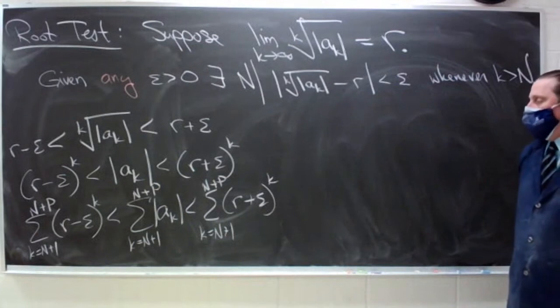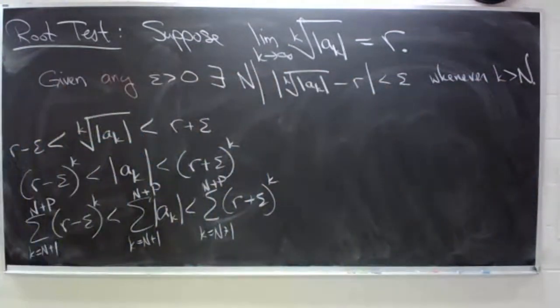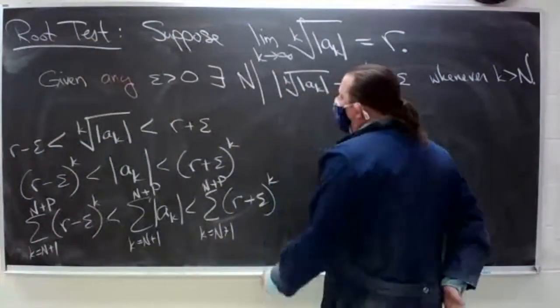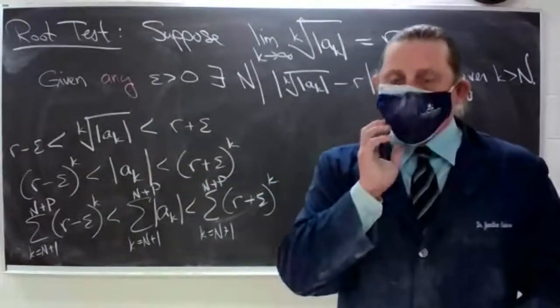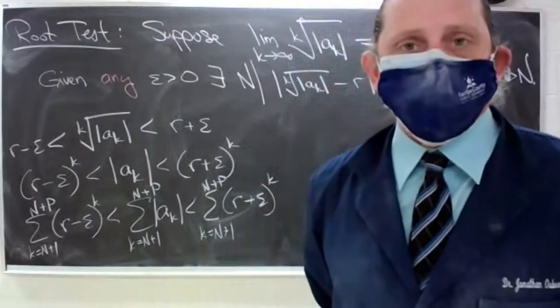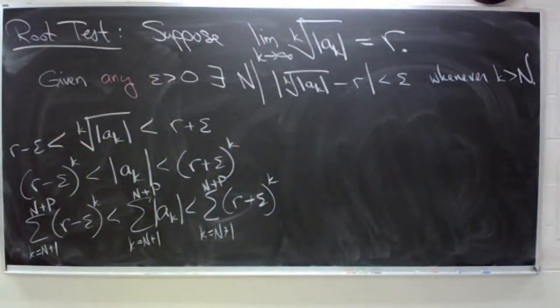And I've got this beautiful three-sided inequality. Now, notice that I've written this in exactly the same form that we saw for Cauchy's convergence criterion. This is valid for every natural number p.